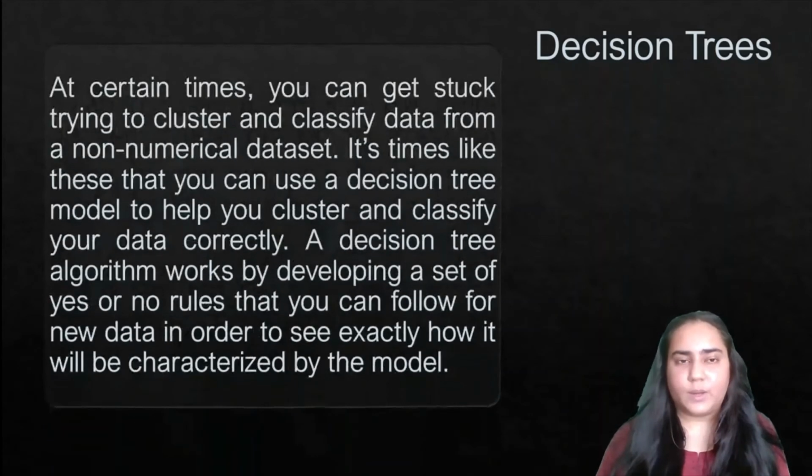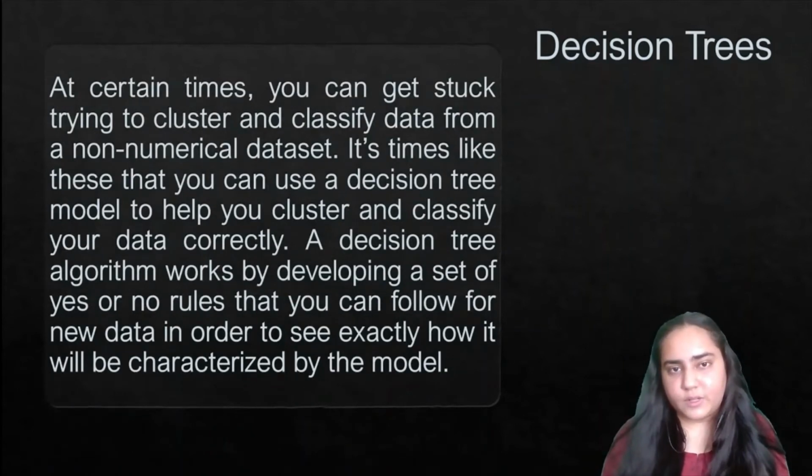Now there are two such ways in which you can do clustering. These are also very popular, like the k-means algorithm, and the other one is the decision tree. At certain times you can get stuck trying to cluster and classify data from a non-numerical data set.